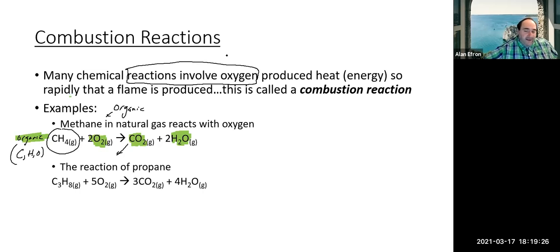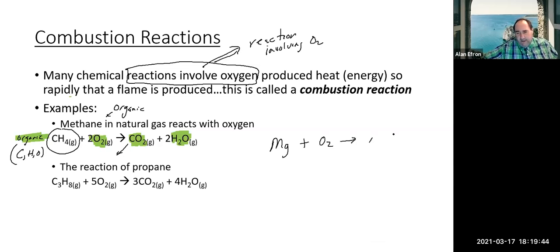So really, a reaction that involves oxygen could technically be classified as a combustion reaction. You could have something like this: magnesium plus O2 makes MgO.